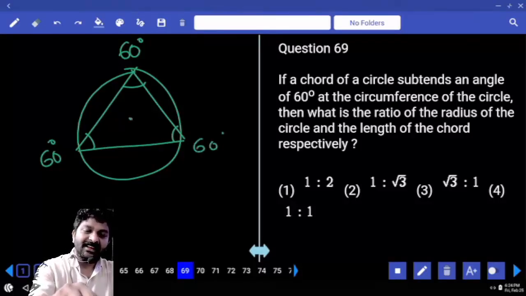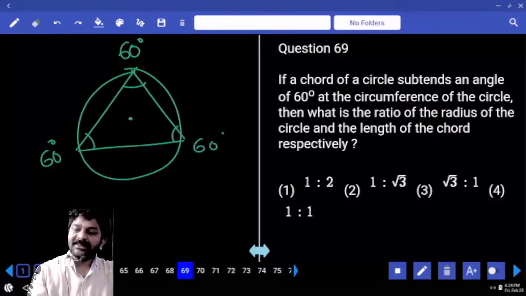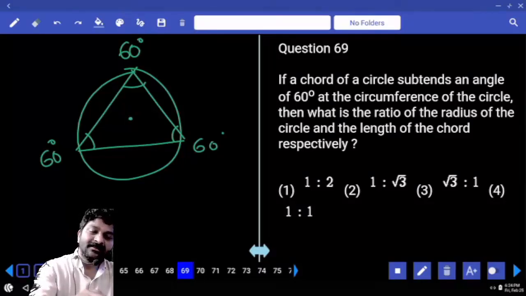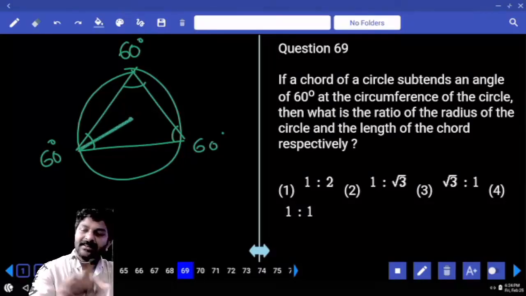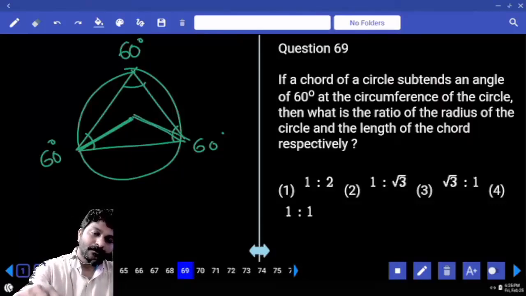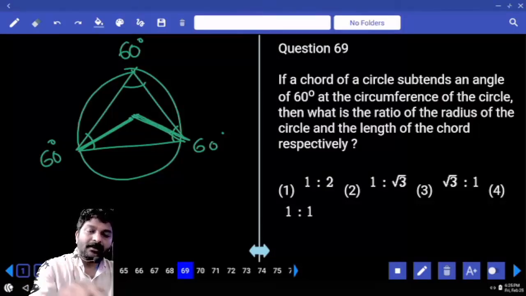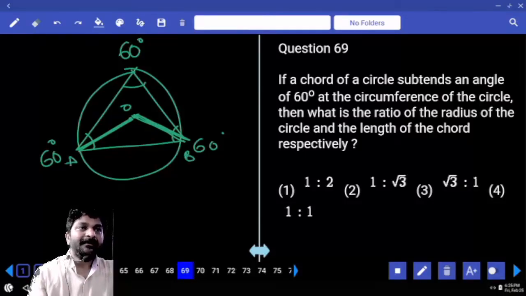Now there is a center here. We were asked to calculate the radius. This is the radius, and the ratio to the length of the chord. I am taking OA and then OB. Both are radius only.